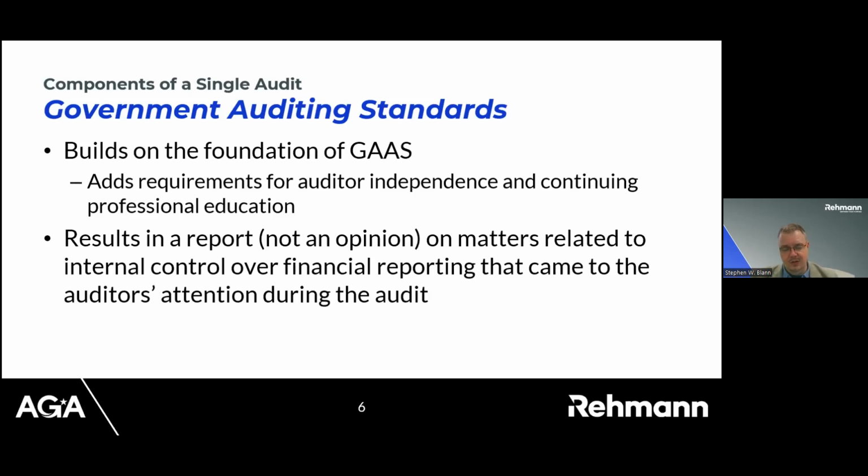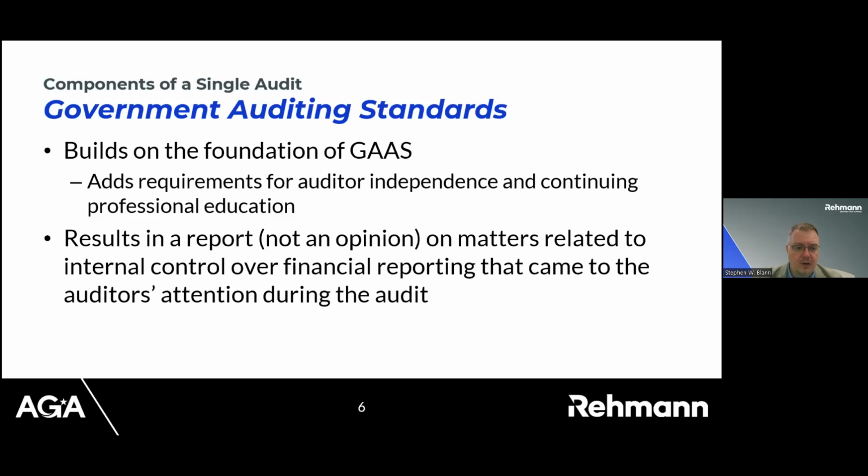And depending on the degree of that, you're going to get some degree of findings that can come along for the ride. So a Yellow Book report really adds on some additional reporting. Not an opinion, but a report saying, did anything come to our attention that we think makes it at least reasonably possible that the financial statements could be impacted due to these control matters?